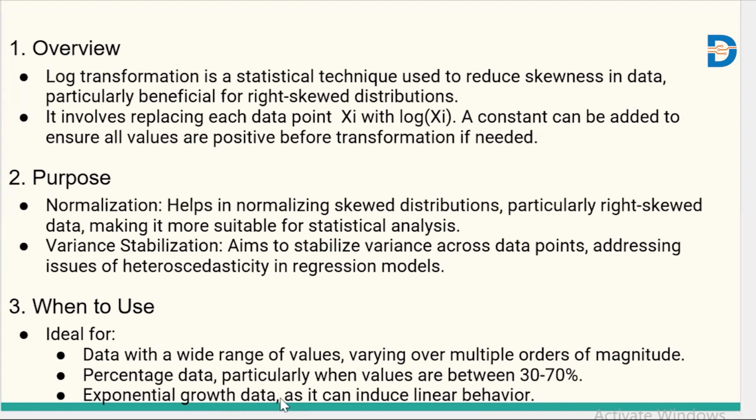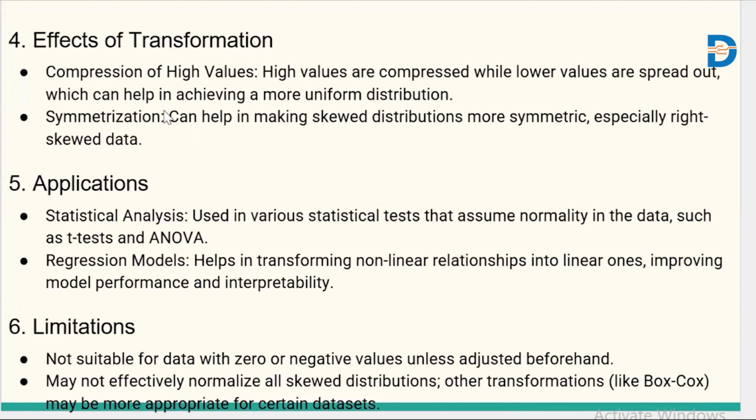Exponential growth data, we use this as it can induce linear behavior. Again, if non-linear data sets are present, we can convert them into linear, which is more beneficial in analyzing it. So we can apply log transformation on it. The effect of this transformation is compression of high values. As in the previous example, sales can run from zero to millions.